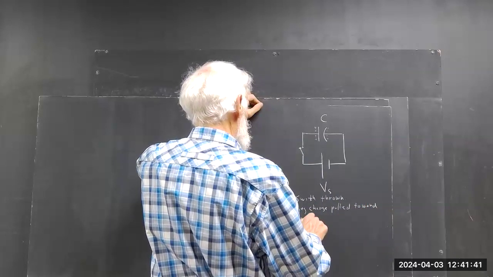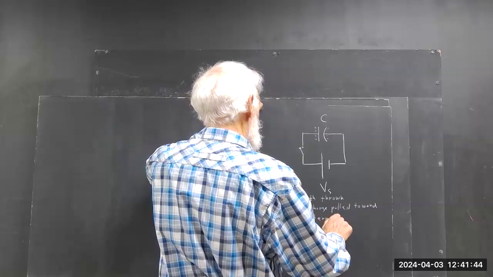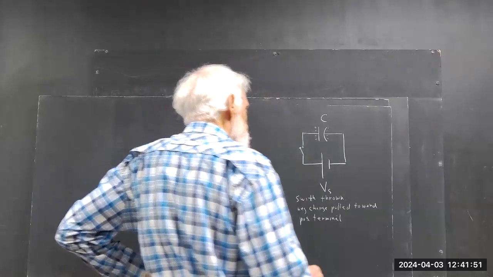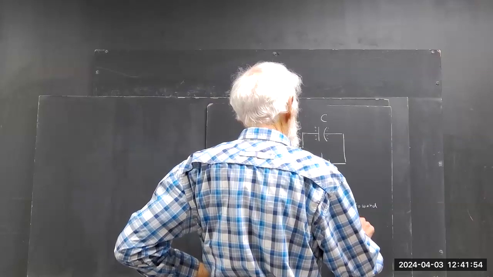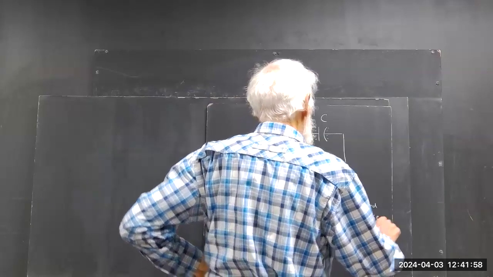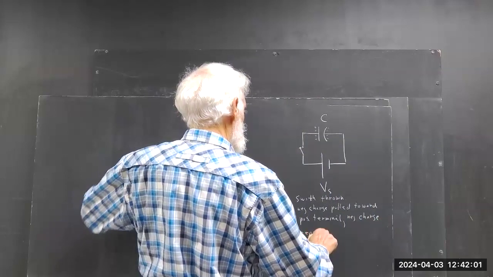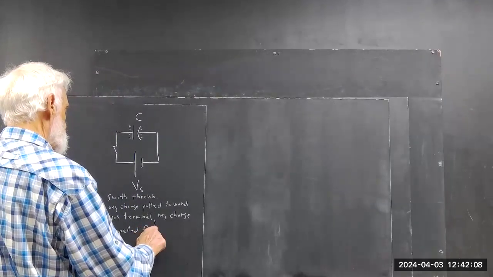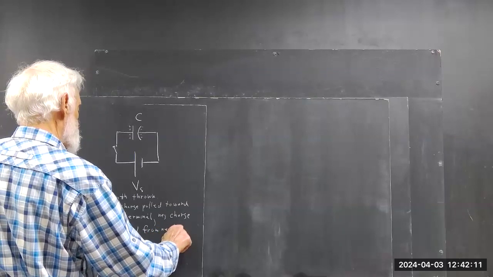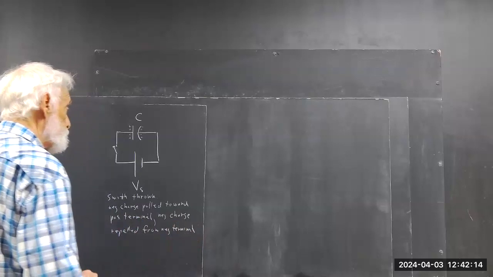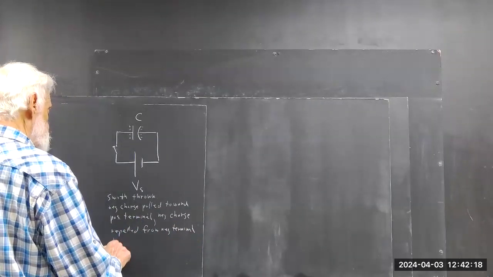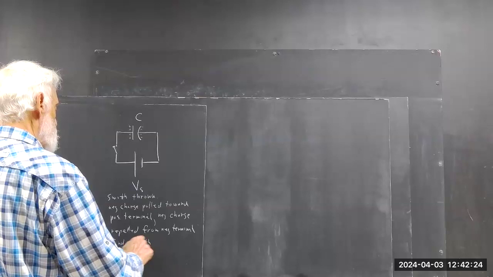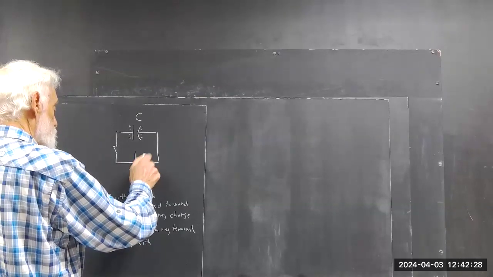Negative charge is pulled toward the positive terminal of the battery. Now this is positive, this is negative.